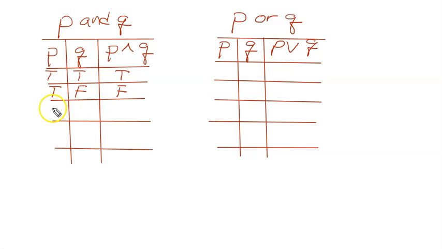And if P is false and if Q is true, then P and Q are false. Now, if P is false and Q is false, then P and Q are false.